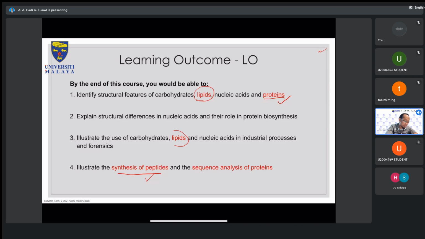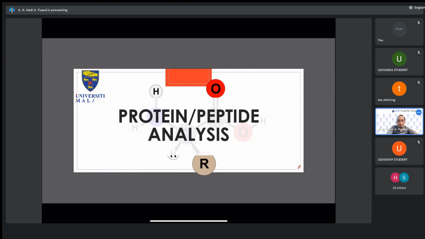So what we're going to look at now is sequence analysis of protein. We have looked at how you can synthesize a protein. But say you are working in an analysis lab once you have graduated. You also need to know how to analyze the sequence of a protein. There are multiple ways to do it. Nowadays, if the lab you're working at has expensive instruments, you can skip a lot of what I'm covering here.